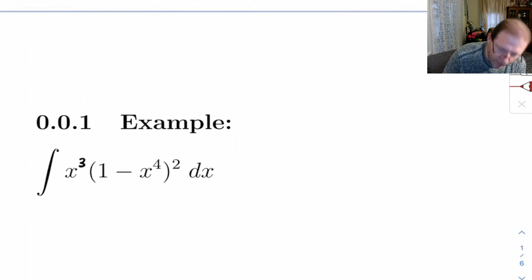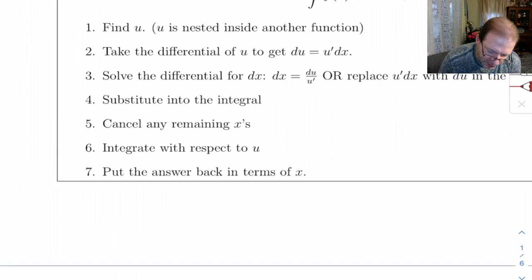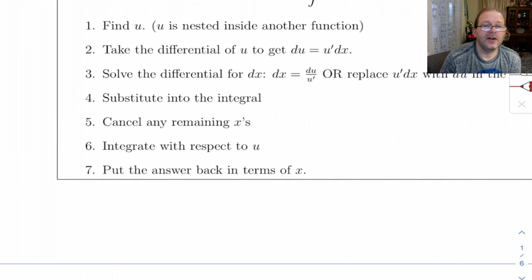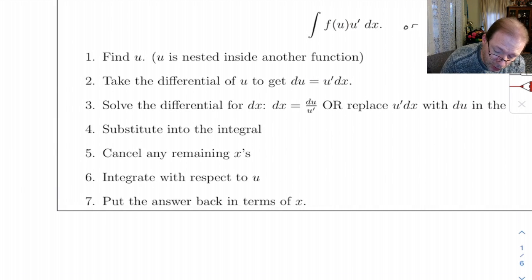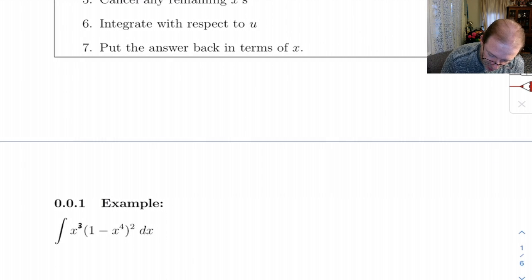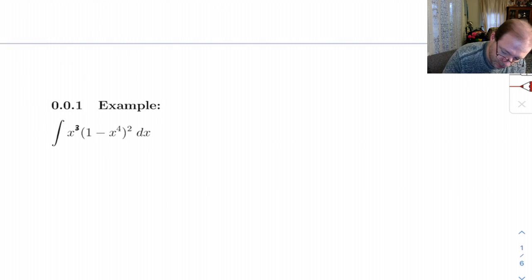When you look at this, first off, find your u. Notice it says find u. U is nested inside another function, and also u's derivative shows up somewhere. So if you look at this, 1 minus x to the 4th, that's nested inside of this squared function. And its derivative, I'm just going to write this as the differential. It's minus 4x cubed dx.